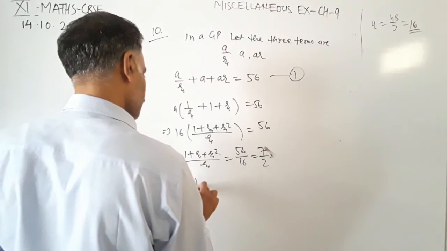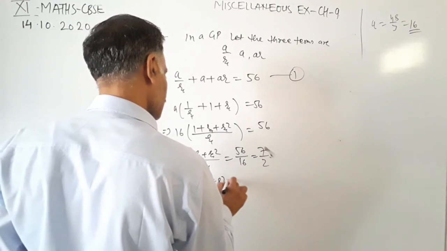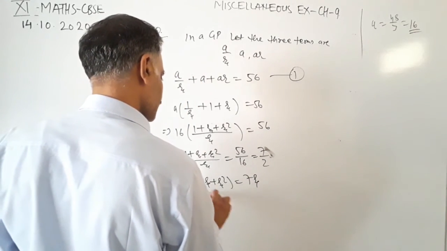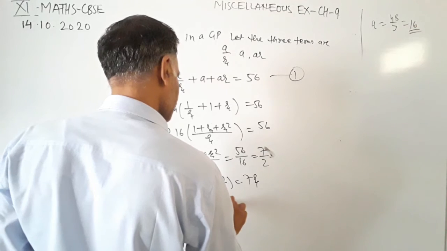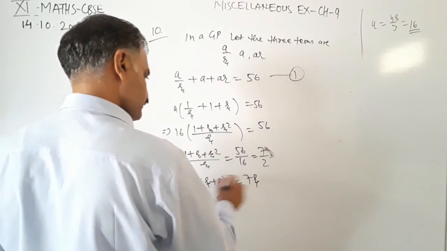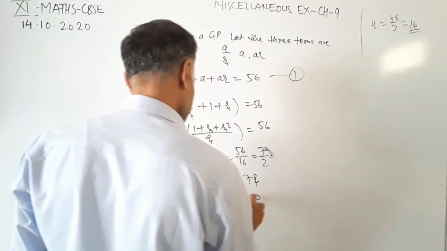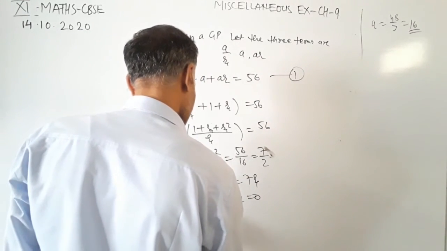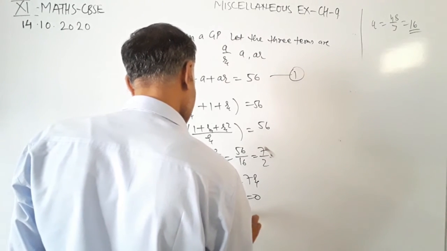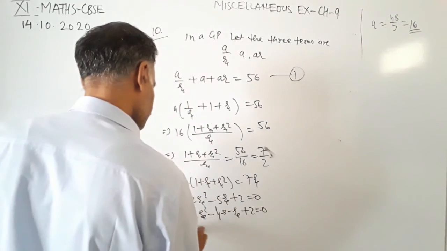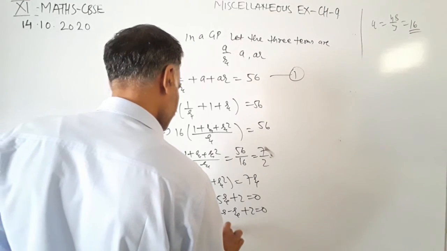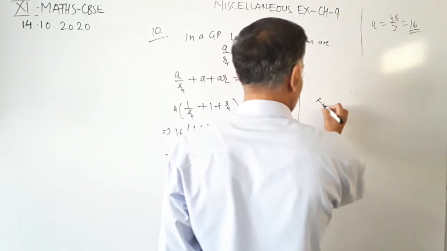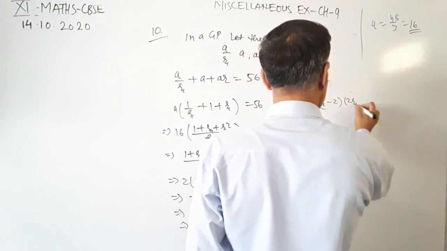So 2 into (1 plus R square) is equal to 7 into R. 2R square minus 5R plus 2 is equal to 0, which factors as (R minus 2) into (2R minus 1).